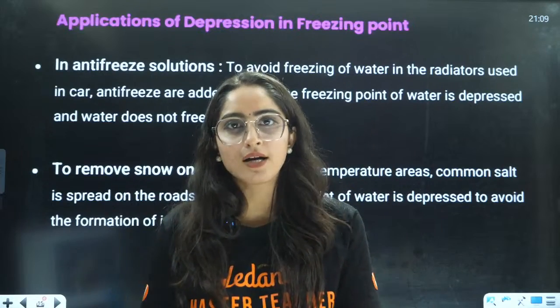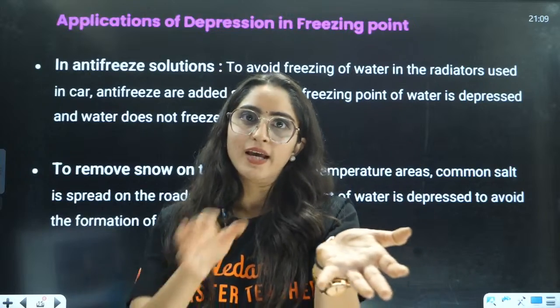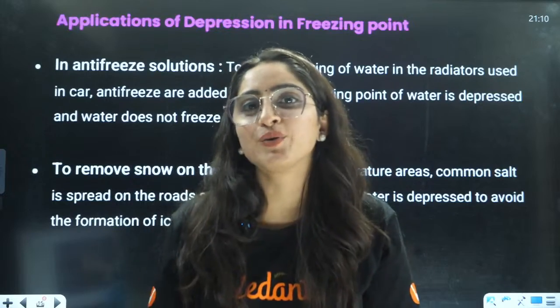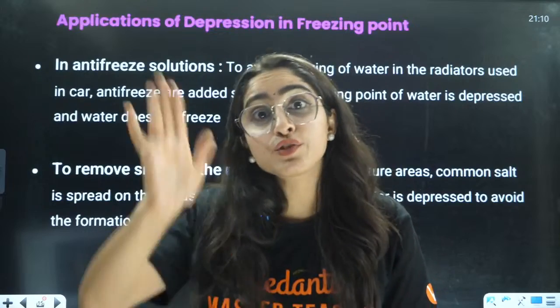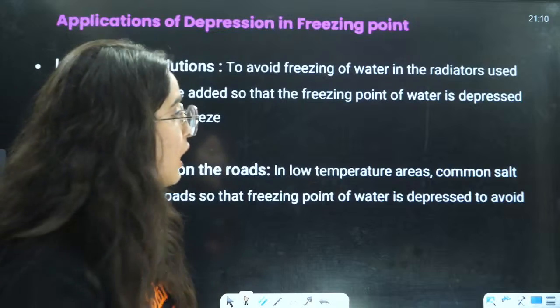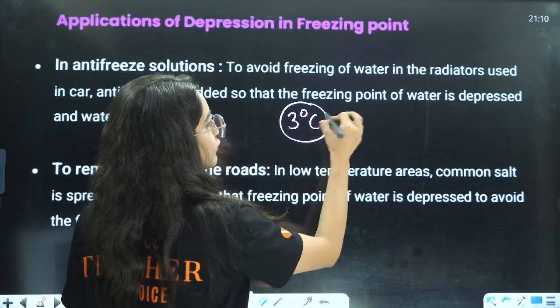After 3-4 hours, you will see that your simple solvent, water, has frozen to more extent as compared to the one which has solute dissolved in it. Why? Because the freezing point decreased. For example, 3 degrees was the freezing point of that water.